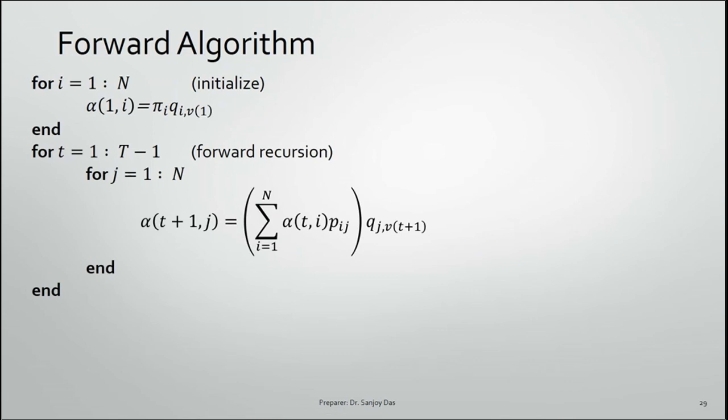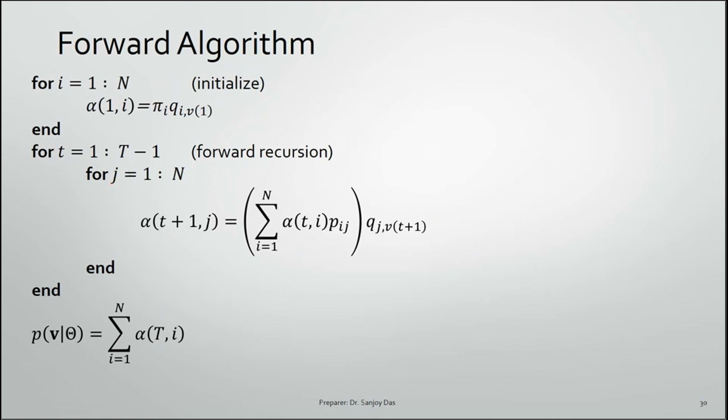For each j, each new state j at t plus 1, we use this expression. And then at the end, once the alpha ti's have been computed for uppercase T, we find the probability of V, the entire output sequence, as the summation of all those alphas at uppercase T time step.